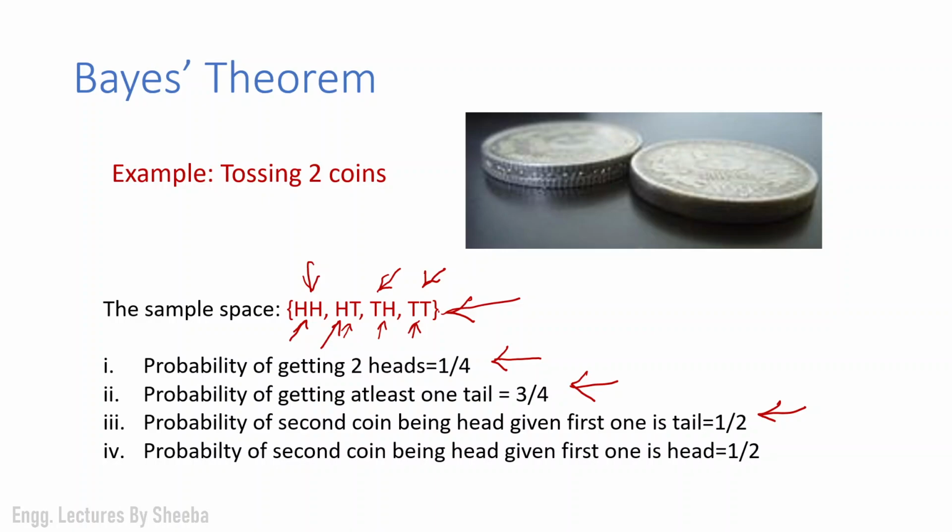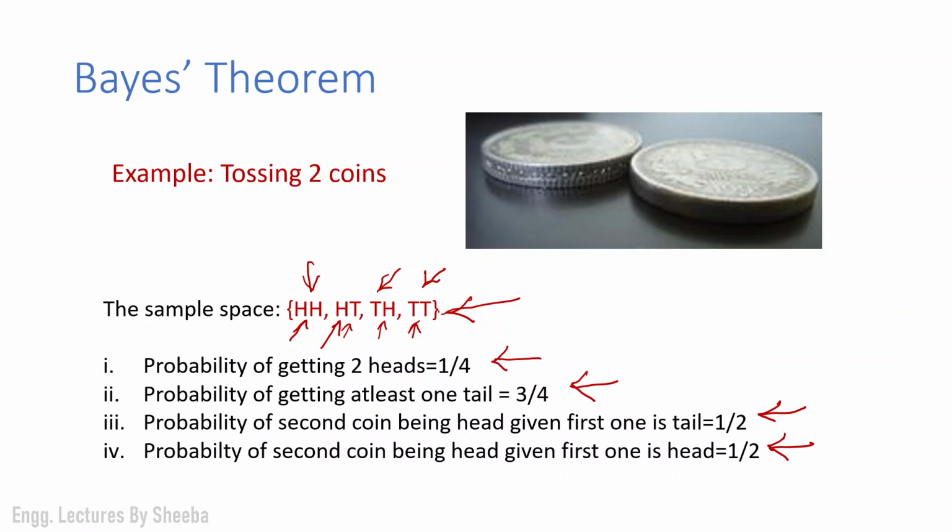Out of that, the second coin giving head is only one. So the probability is 1 by 2. Why 1 by 2? Because there are only 2 events in which the first coin has given head, and you are supposed to find both being head. That is only one event occurring out of 2. So 1 by 2.